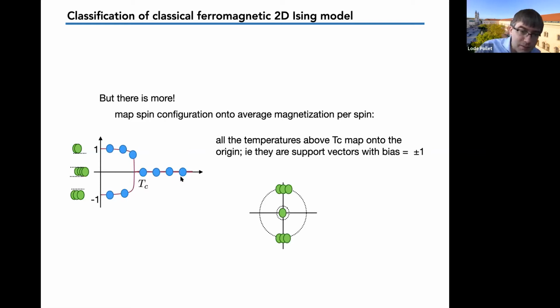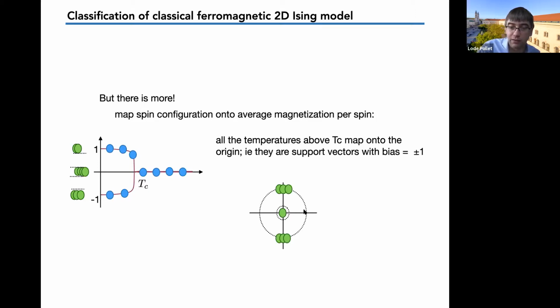Now, if you would map all these points onto their magnetization value, you would put them here at 0. Those would be essentially all 1, and those would be -1.